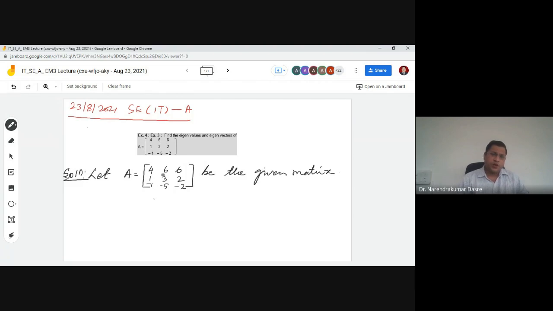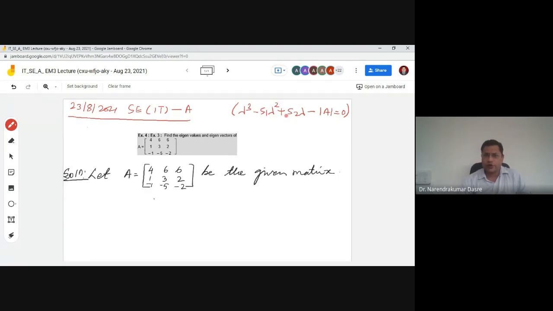Now, if I want the characteristic equation, for a 3 by 3 matrix it is lambda cube minus S1 lambda square plus S2 lambda minus determinant of A equals 0. So we want to find out the determinant of A, S1, and S2.